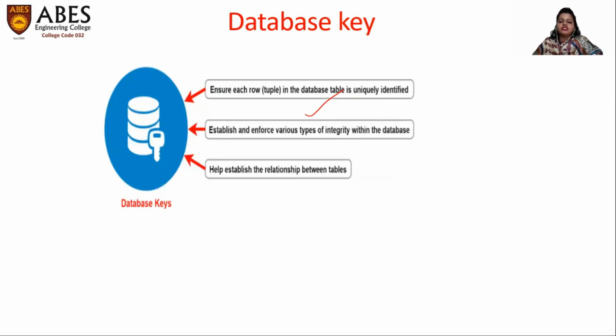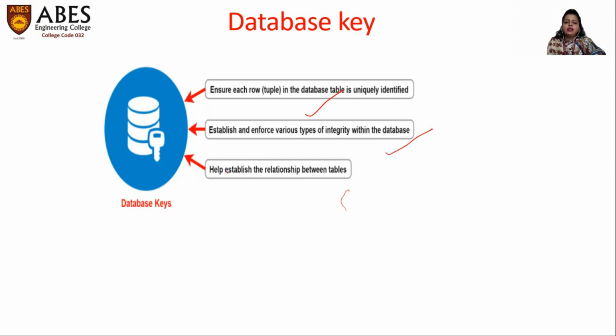Secondly, to establish and enforce various types of integrity within the database. Later on, we will see that there are different types of integrity constraints which are enforced on the database. So we need a database key so that we can establish and enforce various types of integrity. That is the second need.